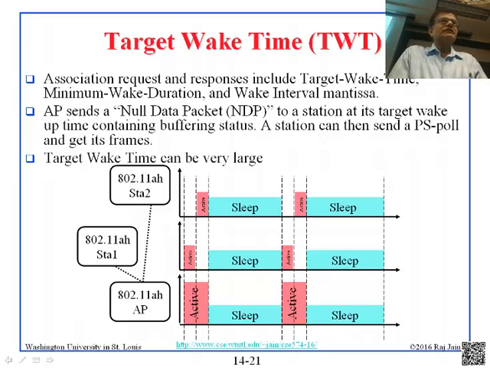For the stations which are not TIM, which wake up after a day or whenever they want to wake up, they have a target wake up time. They say, well, I might sleep for some time. Now the time could be very large.